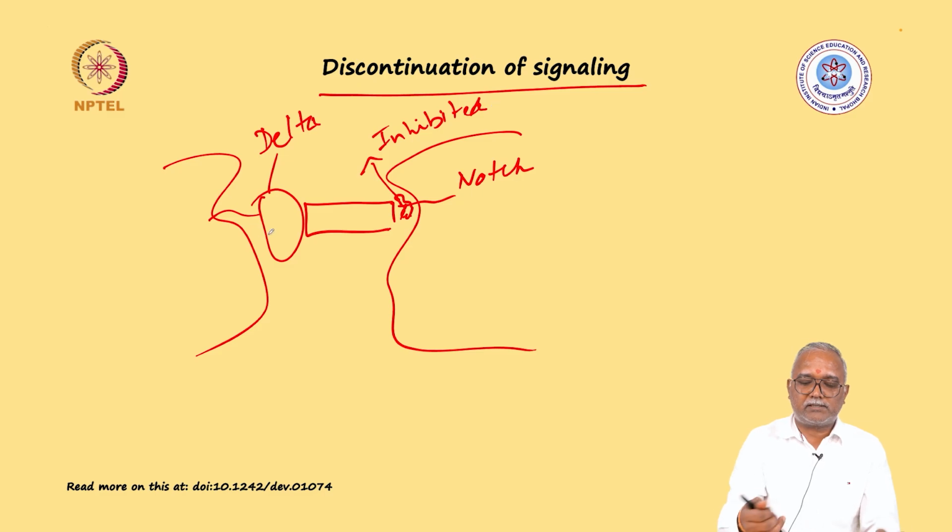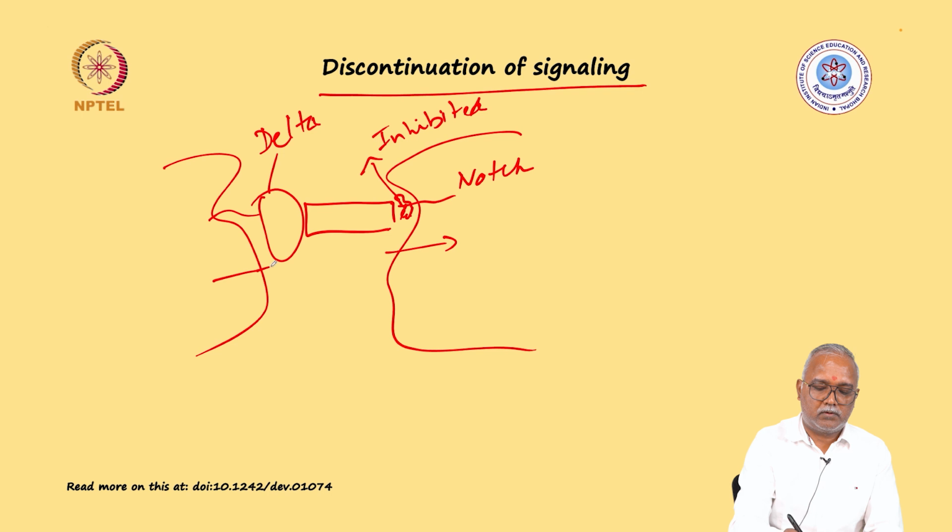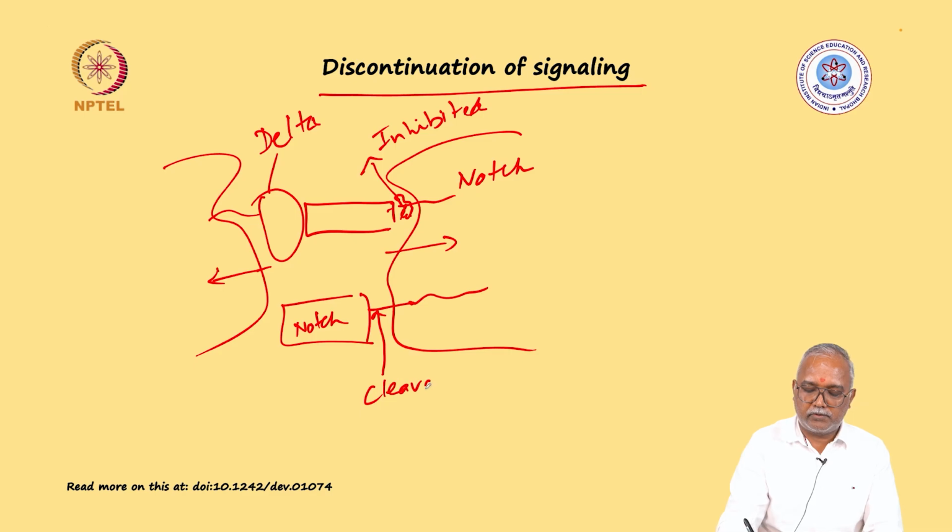So when the signaling starts and push and pull happens, it will eventually make a situation where this coiled region is more opened up, and you will see that notch is now amenable to the cleavage by another set of proteases which are ADAM proteases.